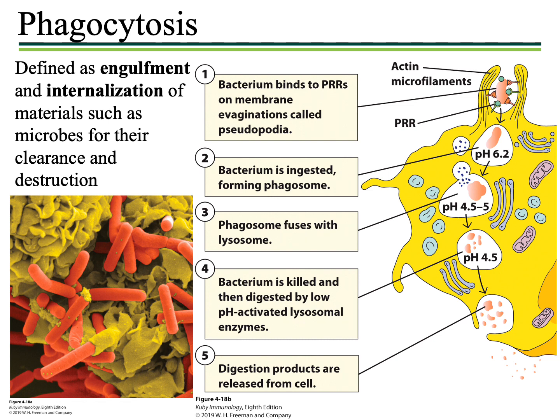The main component that's playing a role in the destruction of potential pathogens is the mechanism known as phagocytosis. Phagocytosis is an engulfment and internalization of materials such as microbes for their clearance and destruction. And there are a very clear set of distinct steps associated with phagocytosis. The first one is the recognition of the potential pathogen.